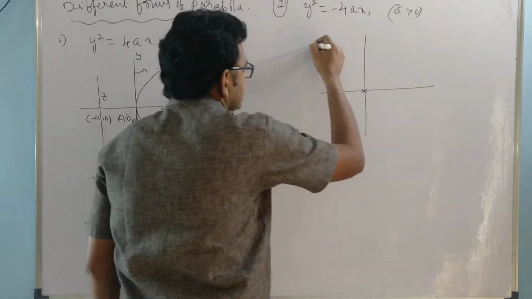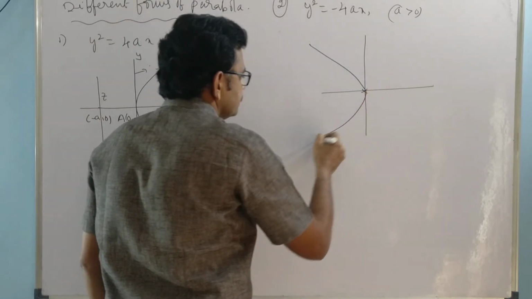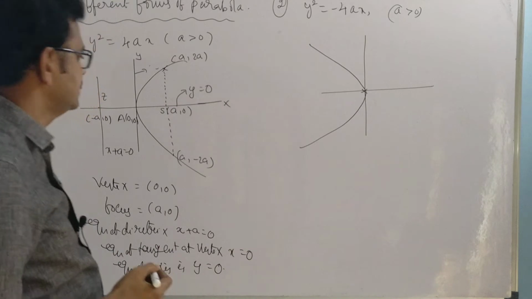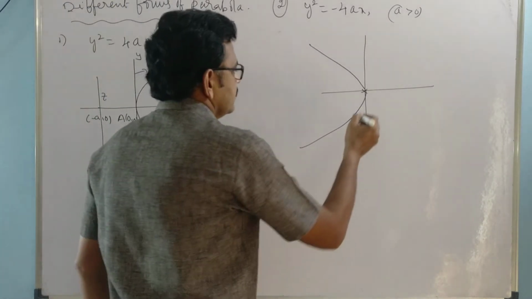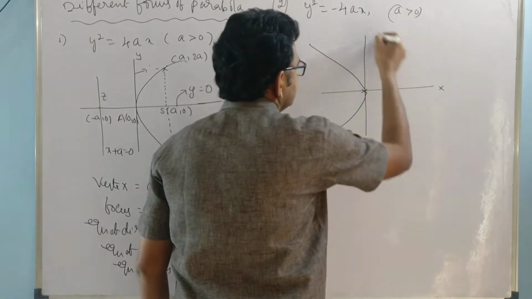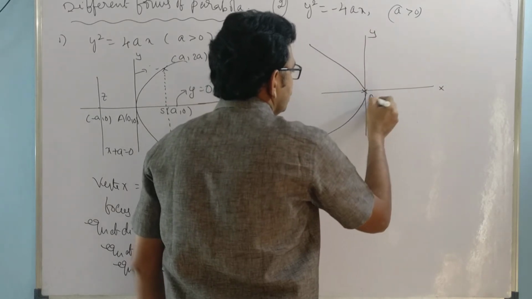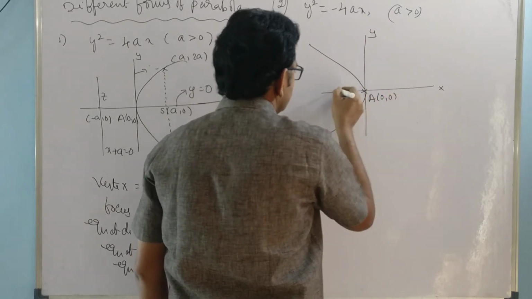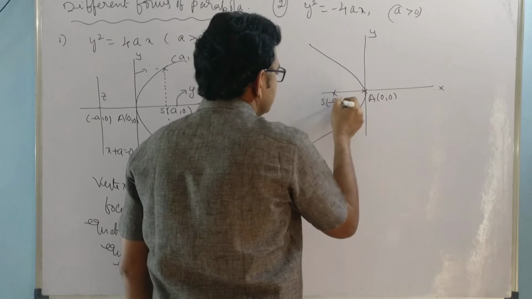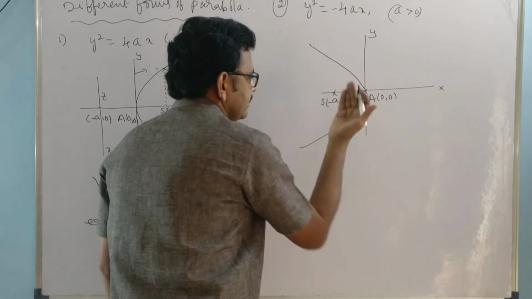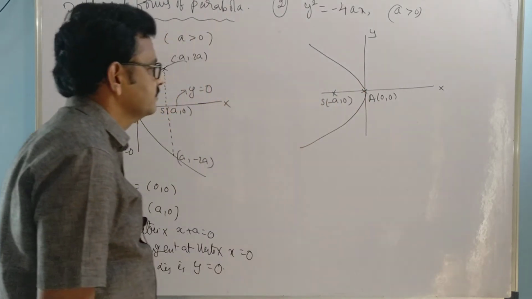Therefore, the parabola is like this. This is the parabola. This is the x-axis, this is the y-axis. Vertex of parabola is (0, 0). This is the focus (-a, 0), on the negative x-axis side.